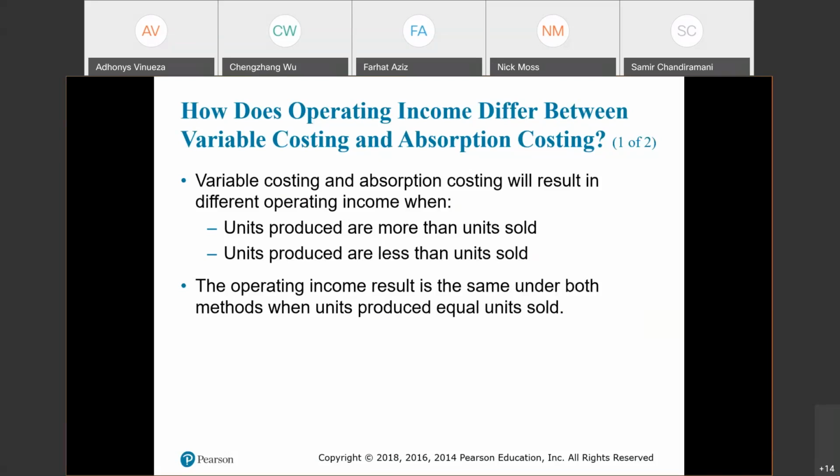Second, units produced are more than units sold. And third, units produced are less than units sold. And as you can see, the operating income is the same under both methods when units produced equal units sold.